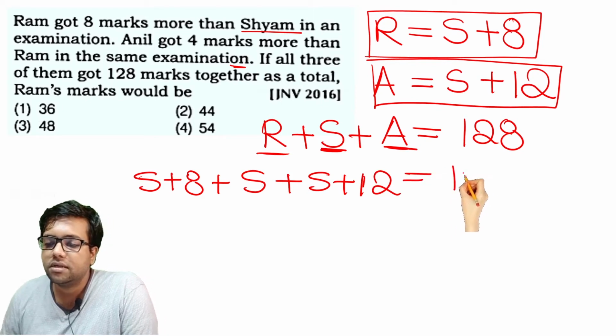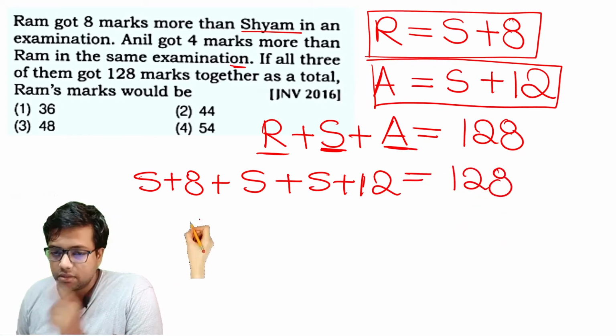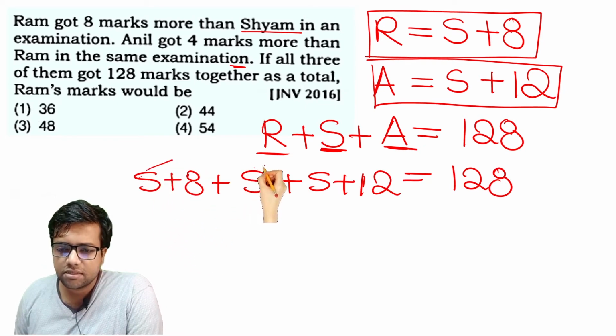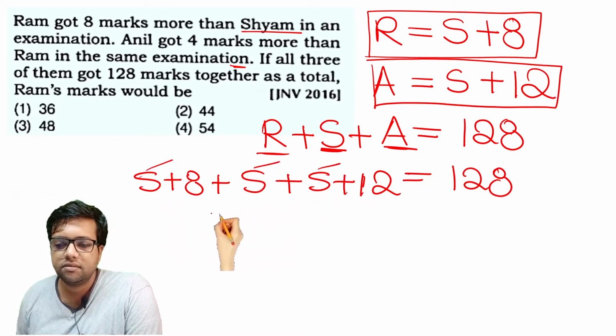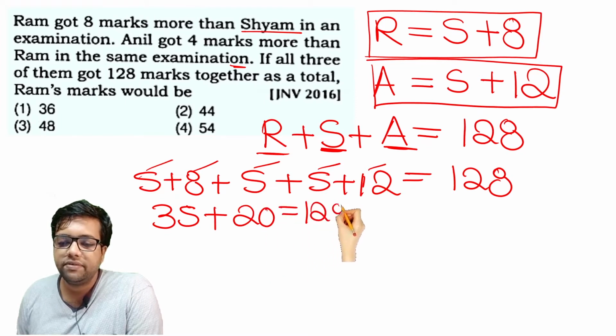So what does it sum up to? It will sum up to 128. There are 1S, 2S, 3S. Add them up: it will come to 3S plus 8 plus 12, which is 20, equal to 128.